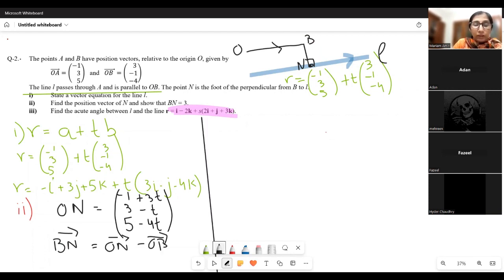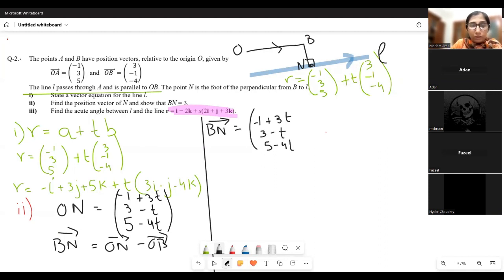So BN is going to be ON, which is -1 plus 3t, 3 minus t, and 5 minus 4t, minus OB, which is 3, -1, -4.